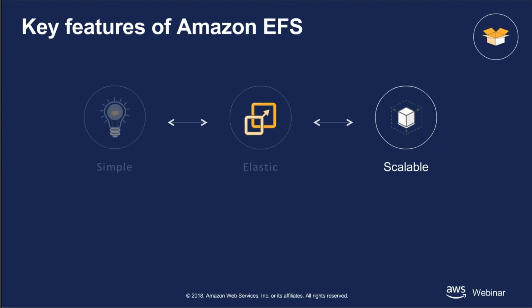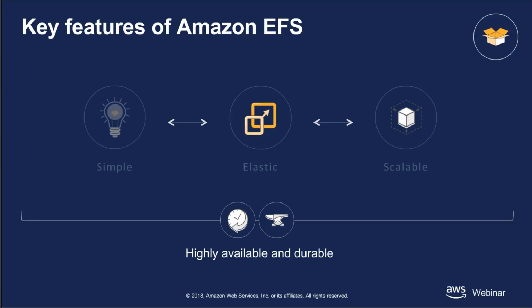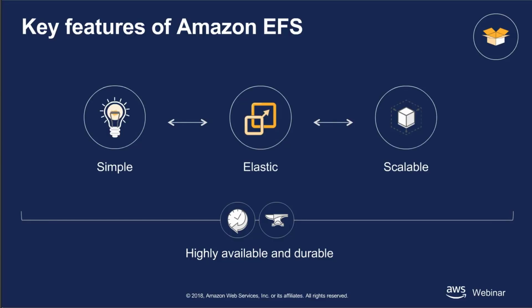And we also support, in this case, thousands of concurrent connections. Again, another difference between, say, a block storage device and in a shared file paradigm. So important to remember, when you need to share files, thousands of connections at once, a file system like EFS is super handy to have around. And finally, across all of those tenets, we have high availability and durability.